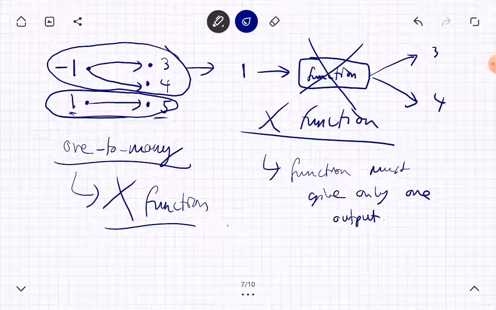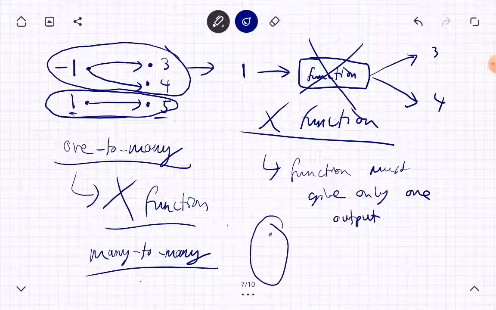Similarly, a many to many relation is just a combination of a one to one, a one to many and a many to one. So maybe you have 1 2 3, 1 2 3, maybe this input goes here and here, so this is the many to one part, and the one to many part is the problem, right? We saw this is a similar thing.